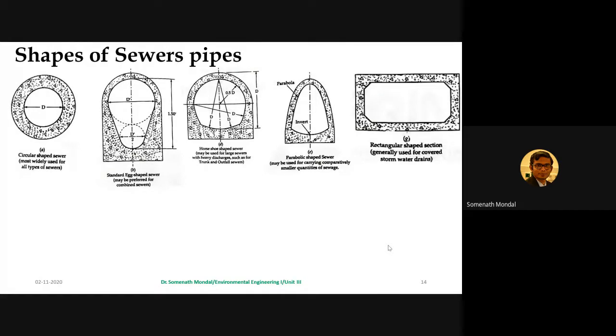Next comes the parabolic shaped sewers. These consist of one invert, and they can be used in case of smaller discharge of sewage. Though this is not very common, you can still see it in some places, and they are usually used in case of smaller discharge.